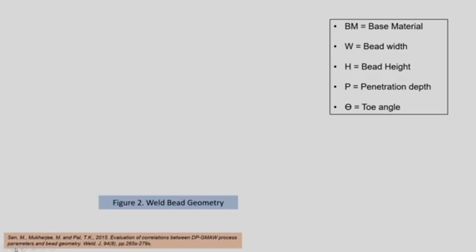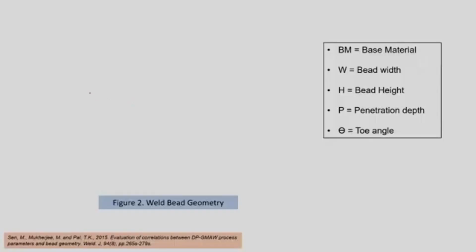Now, when this welding is occurring, there is a generation of weld bead. Now, let us look at the geometry of the weld bead. Consider we want to join two metallic parts together.